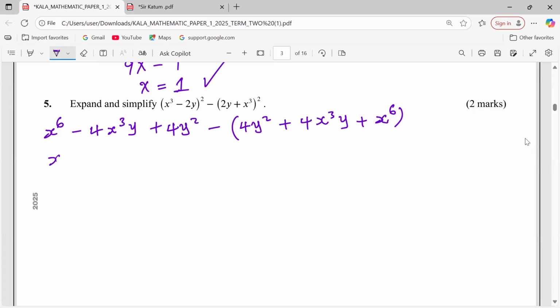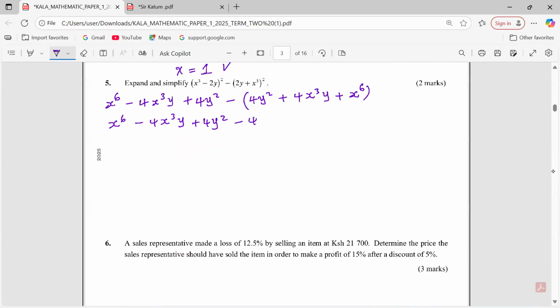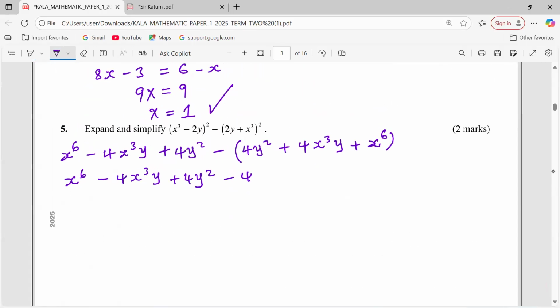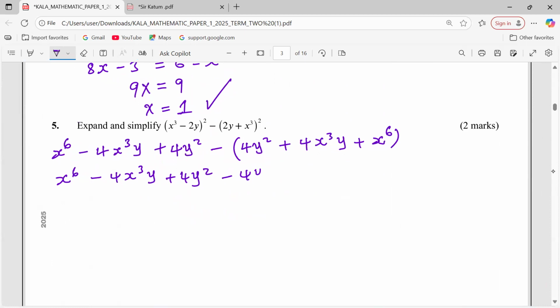So this shall be x power 6 minus 4x power 3 y plus 4y squared, minus 4y squared minus 4x power 3 y minus x power 6.